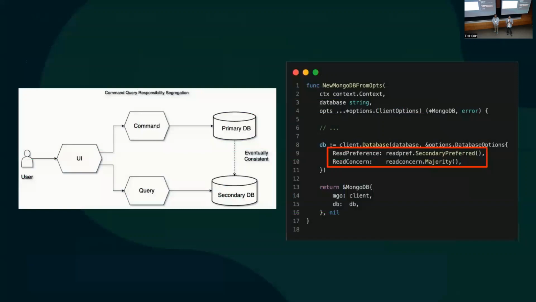CQRS also is an abstract pattern, so this is not the only application. For example, for Sky, one example I can come up with is, like I mentioned, the strangler fig tree pattern before, when you were migrating from a monolith to a microservice. There was this very specific piece in the monolith, which in our case was the checkpoint system, the inbox system, which was getting a lot of reads.